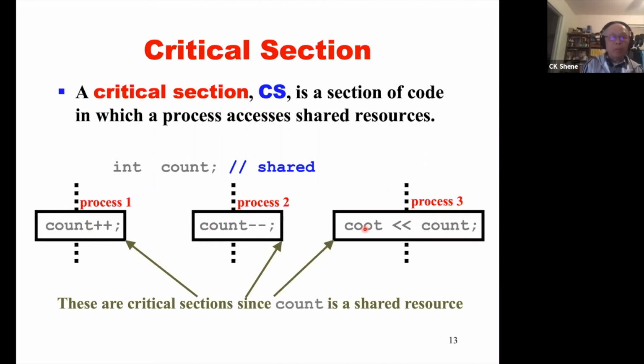It's very simple. You just use a pencil or a marker and simply highlight it. Of course, if you have multiple shared variables, say you have a sum, then process 1, process 2, and process 3 may also have access to a common variable sum. Then you have to circle it out, probably using a different color.